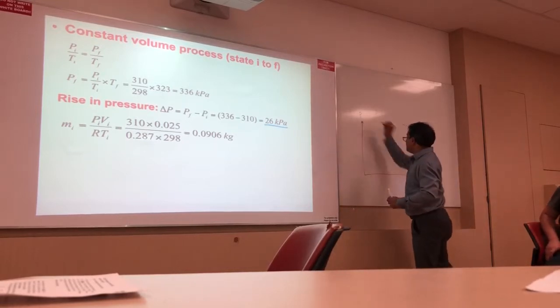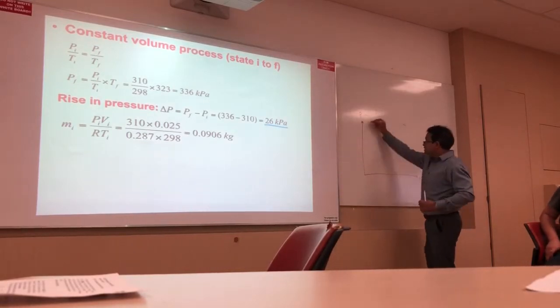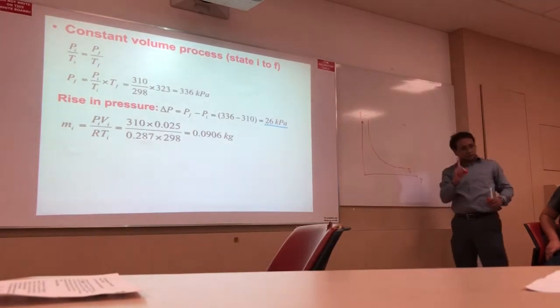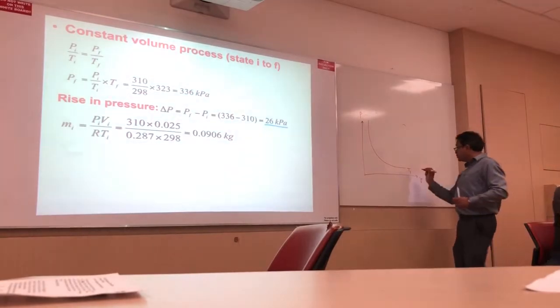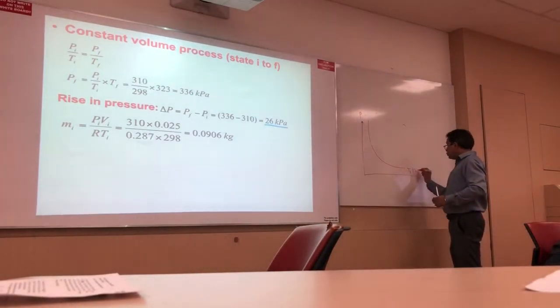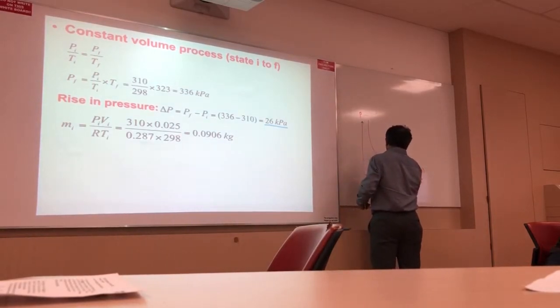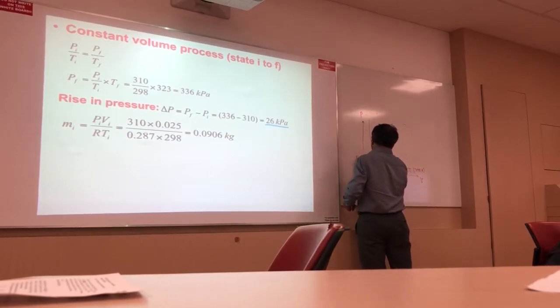In the PV diagram, you can see initially there is a temperature T1, which is 298 Kelvin. What is the initial pressure? 310. This is V1, this is P1.